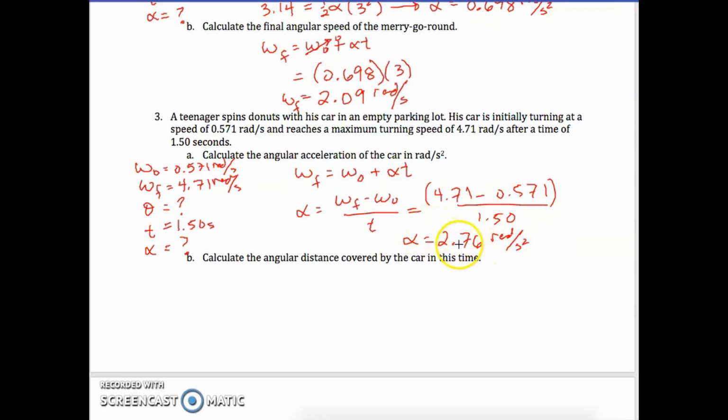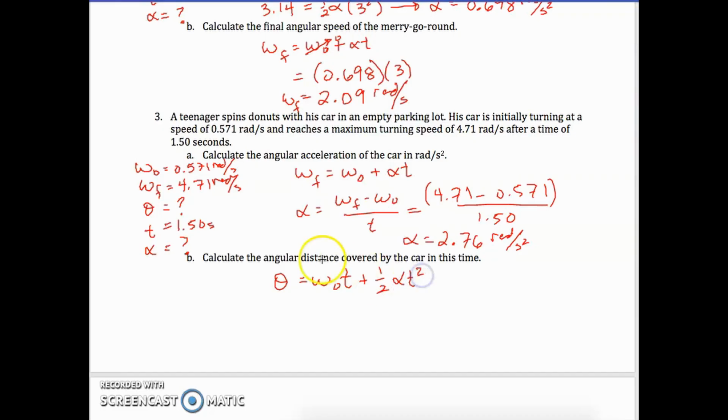Once again, a numerical answer requires units. All right, the angular distance covered by the car as he is spinning his car around. So the wheels are spinning and the car is rotating around. And we can use any equation that involves a theta.